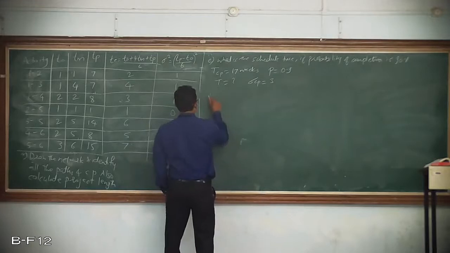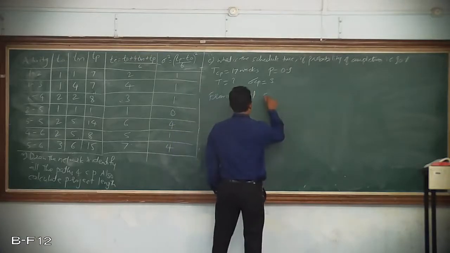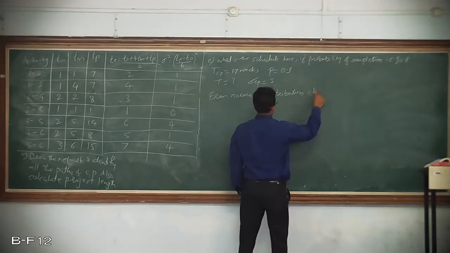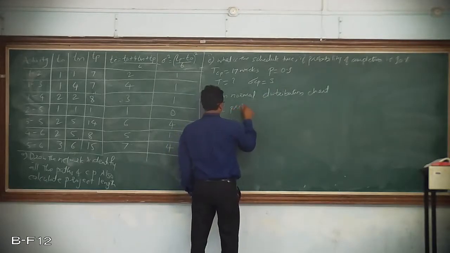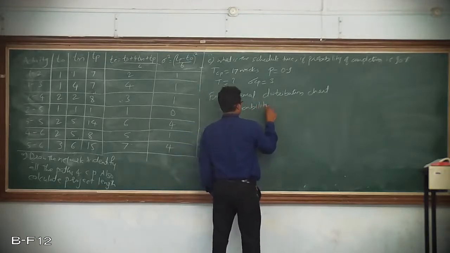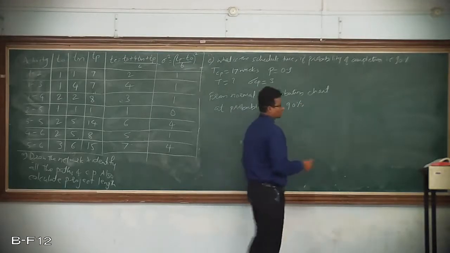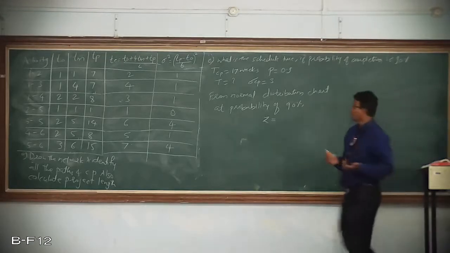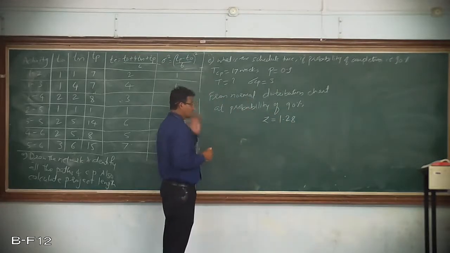So again, at, what will I get? Z is equal to 1.8. That is from the normal distribution chart.